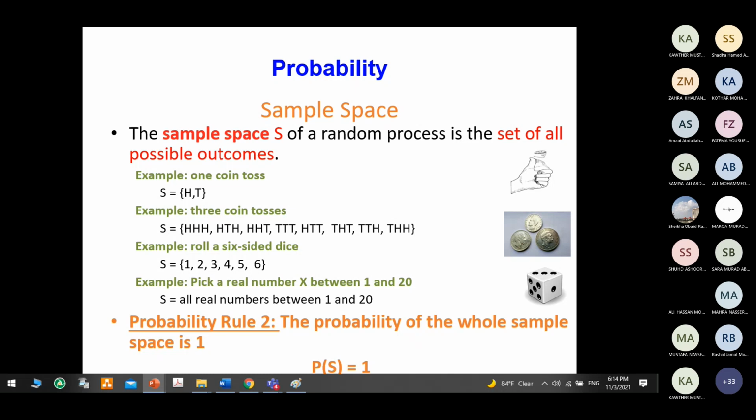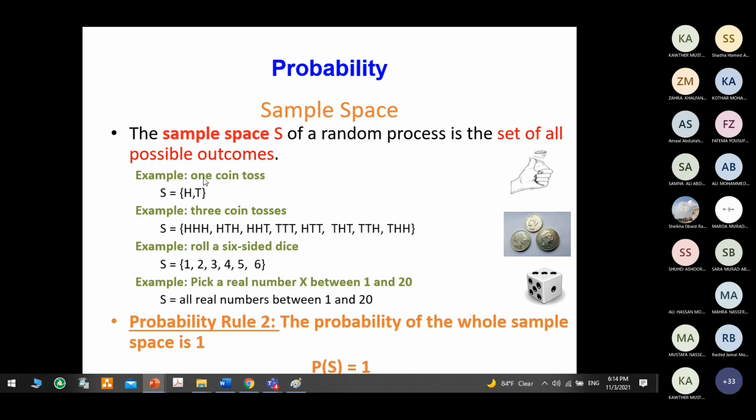So I have two outputs, only head or tail. Now, if I toss, let me say, a die, what are my outputs? What do you think? 1 to 6. Excellent. It could be 1, 2, 3, 4, 5, 6. Outputs represent the sample space.